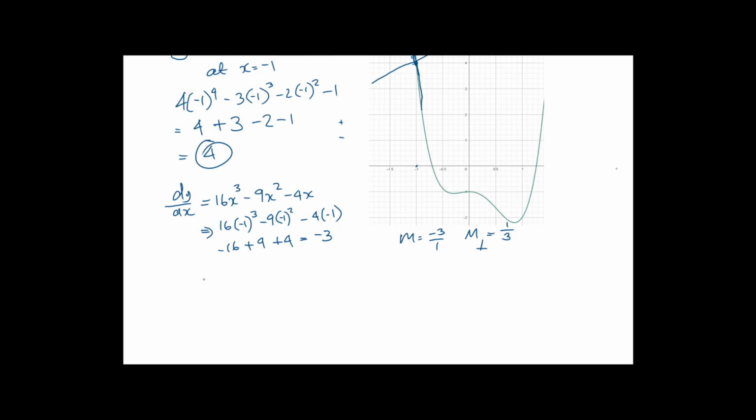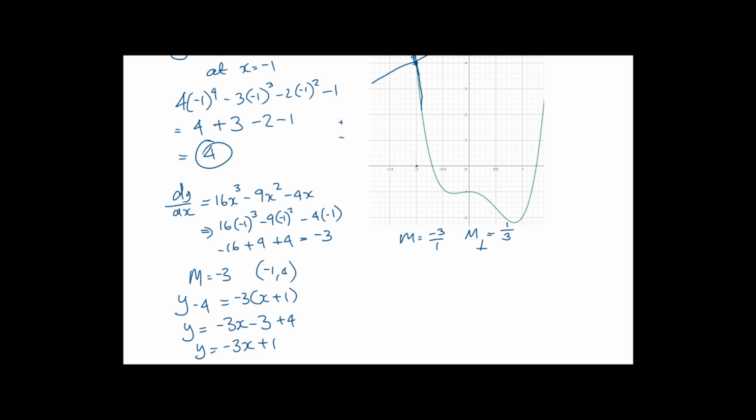So the equation of the tangent has the gradient -3, and it goes through the point (-1, 4). So y minus 4 equals -3(x plus 1), and we'll take the -4 across: -3x minus 3 plus 4. So it's y equals -3x plus 1.